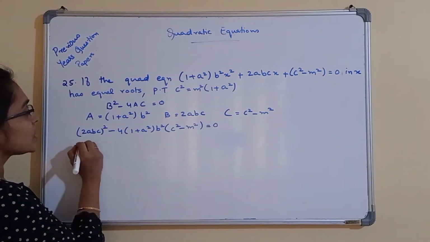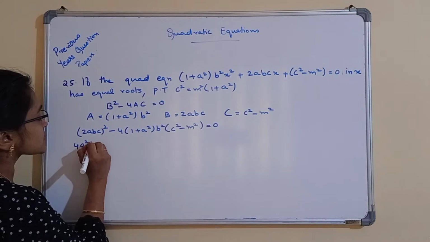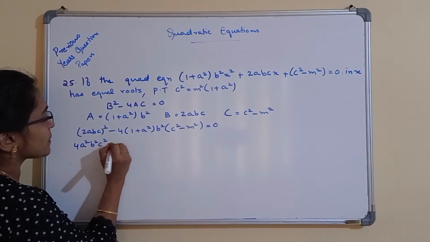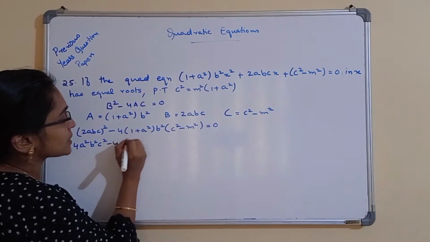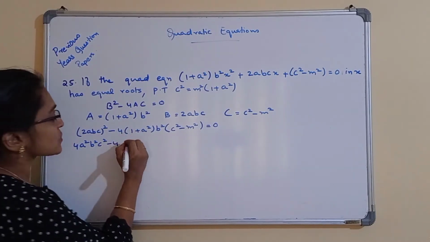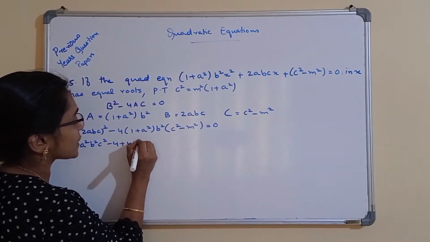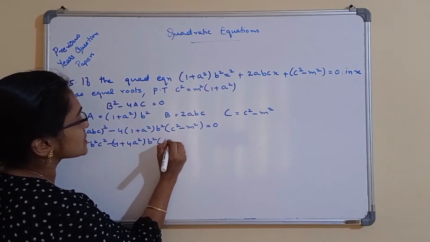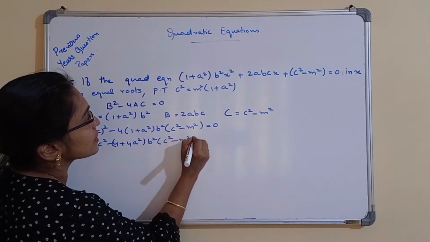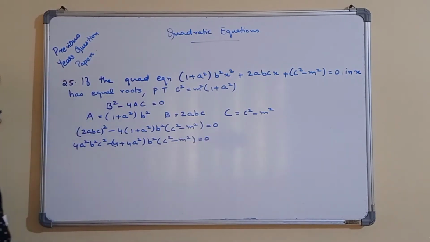Okay, so this becomes 4a²b²c² − 4 into, we can multiply this, 4(1 + a²), which is 4 + 4a², into b²(c² − m²) = 0.